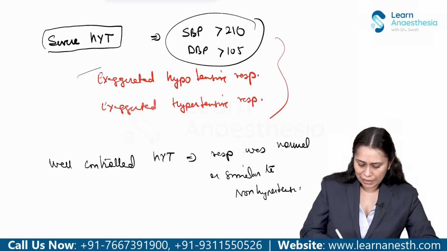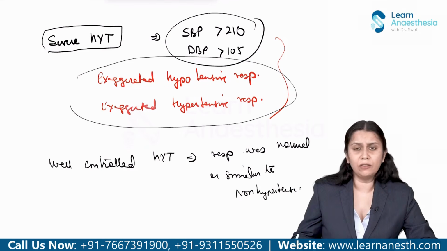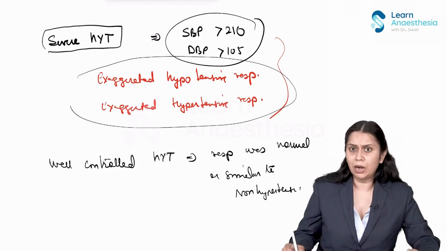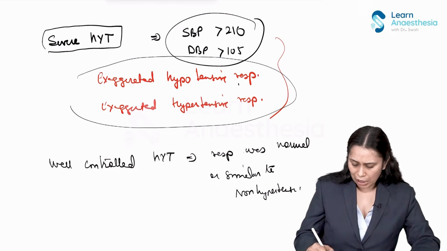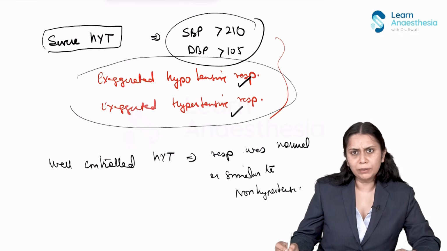So in patients with severe hypertension without evidence of end organ failure, not in hypertensive emergency or urgency, the hypotensive and hypertensive response is exaggerated, and we need to take care of this. But in patients with well-controlled hypertension, the response is similar to any other normal patient, right?